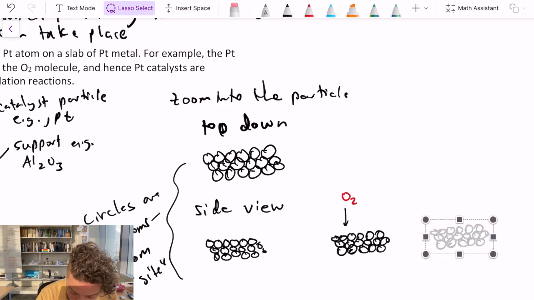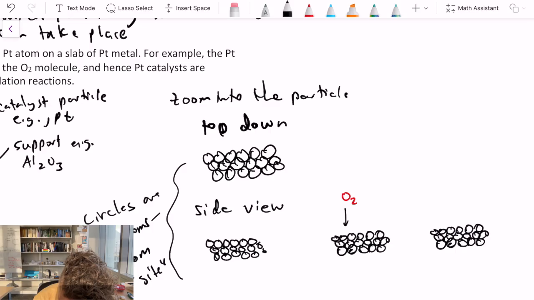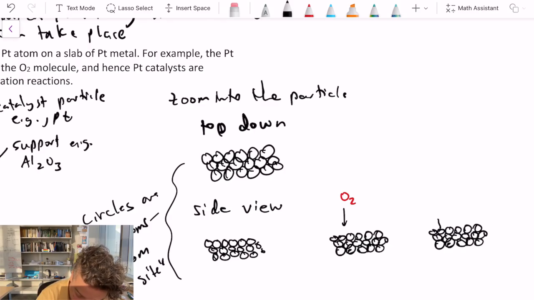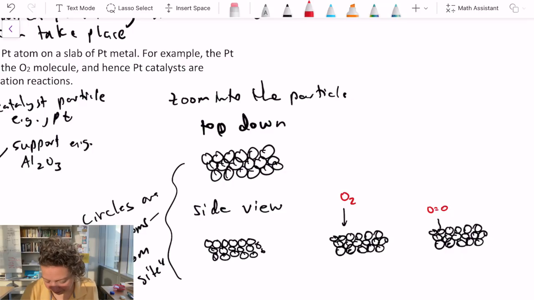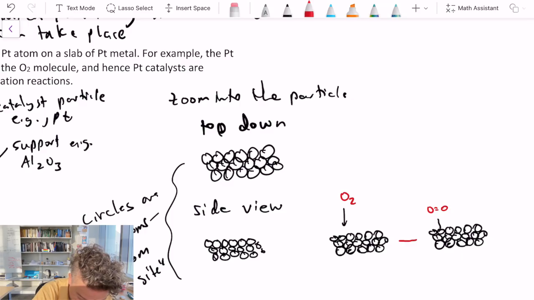So this oxygen molecule is going to form a chemical bond with the catalyst surface. What we saw here is oxygen adsorbing to the catalyst surface.